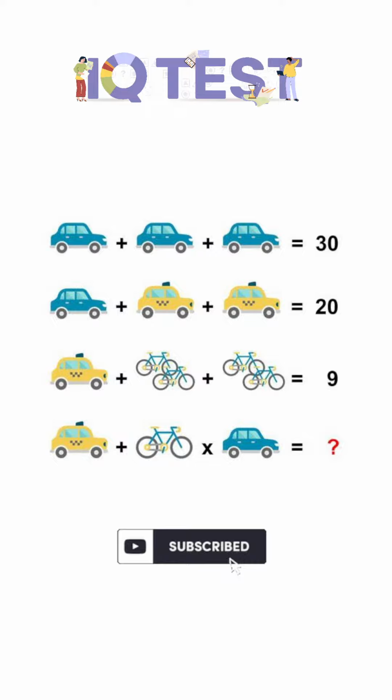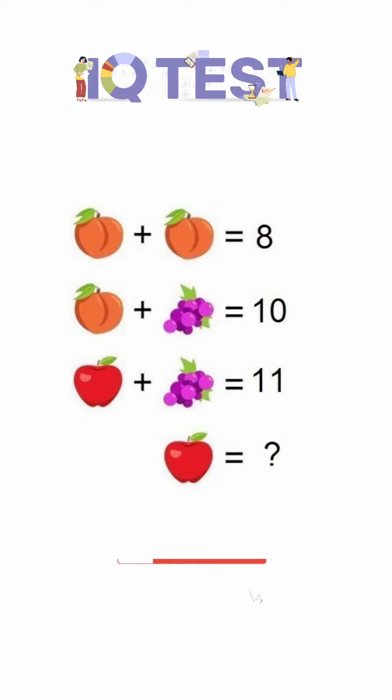The bicycle is 1. I agree. So what is your total? Your total is 15. I agree. Awesome. Okay. So let's move on to this one.